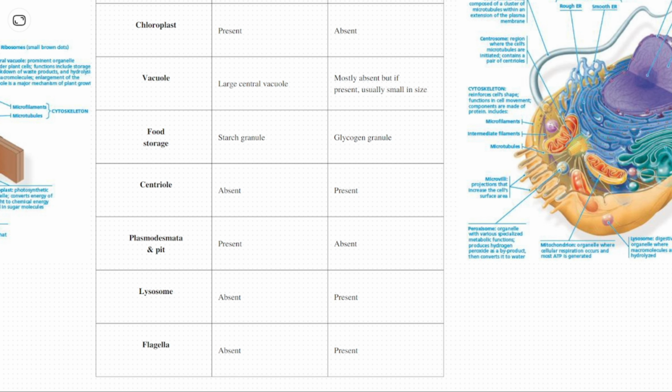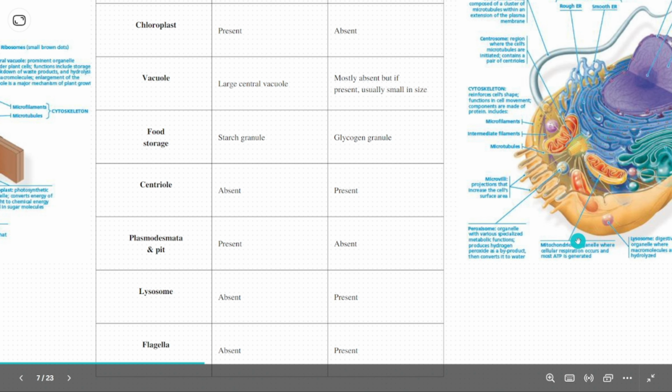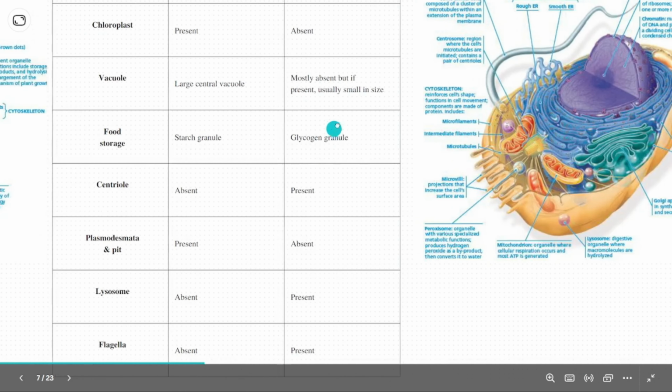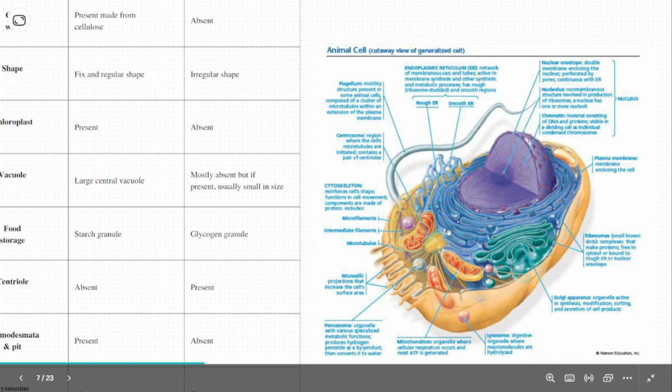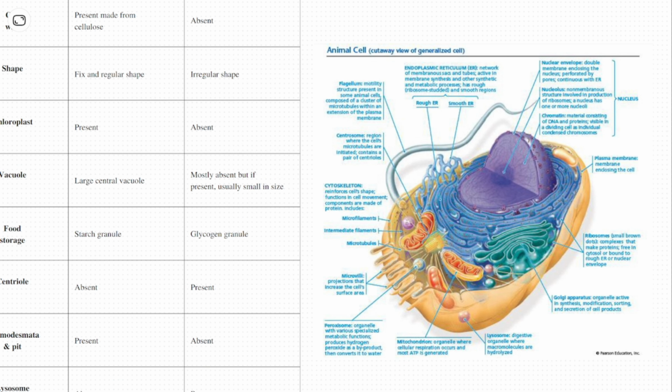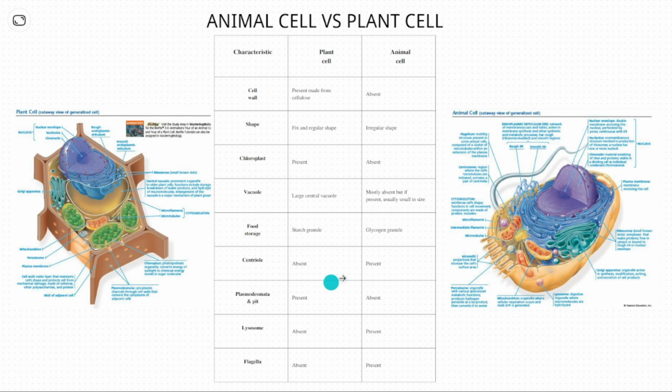It is not a major difference, because some animal cells contain flagella. One of the major examples is the sperm cell. You know that sperm have a tail, right? That tail is considered a flagellum. So these are the differences between animal cell and plant cell, a very, very easy topic.